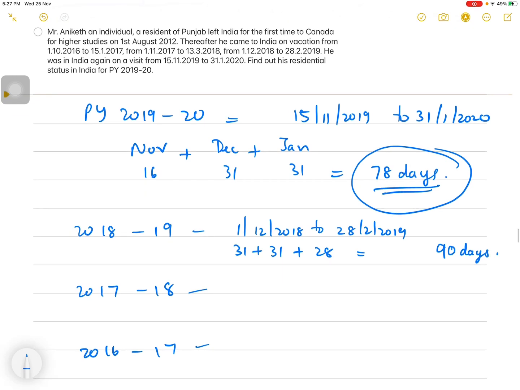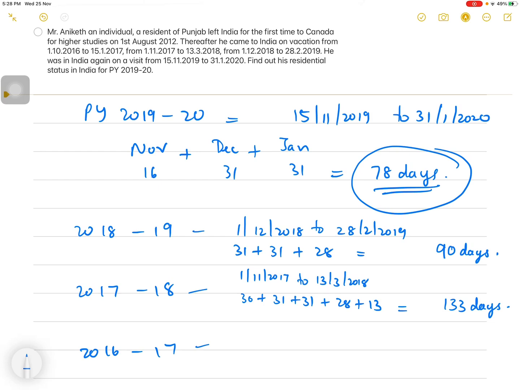During 17-18, his stay in India is from 1/11/2017 to 13/3/2018. Okay, so November 30 days, December 31 days, January 31 days, February 28 days, and March 13 days. So total comes to 60, 90, 120, 130, 133. 133 days.